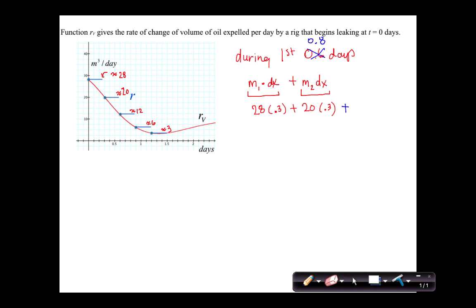And that would be happening at this third rate here, right? Between 0.6 and 0.8. All of that's like from here to there. So not all the way through that interval where we're using 12, but using this third rate of 12 for a little bit of a day.